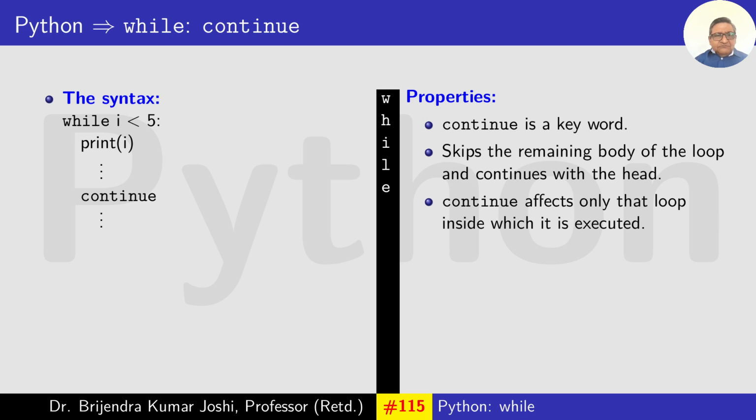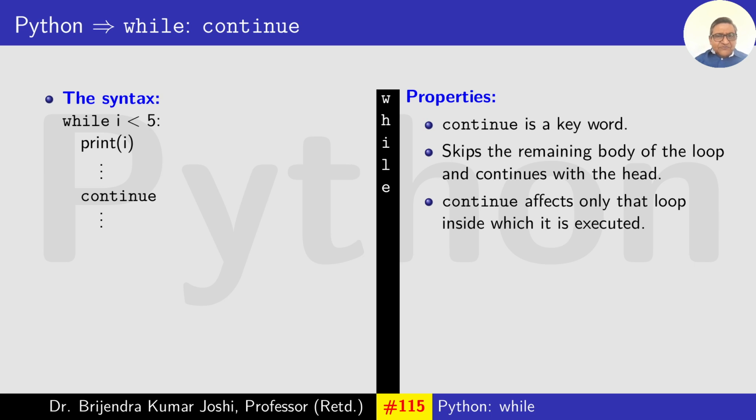Continue: if the test expression is true, it enters the body and keeps on executing the statements. If it encounters continue, it skips the remaining statements of the body of the loop, the statements following continue, and it goes to the head of the loop and tests the test expression again.